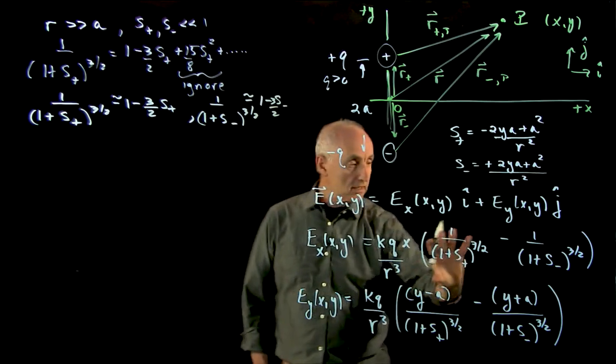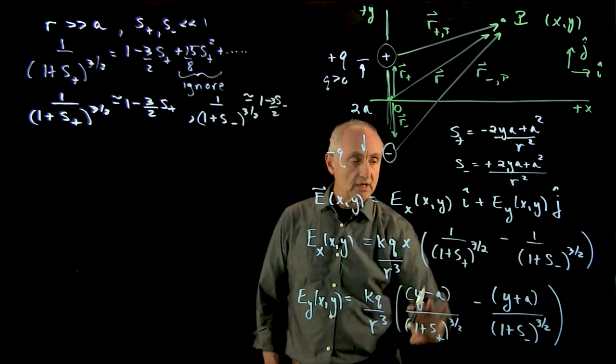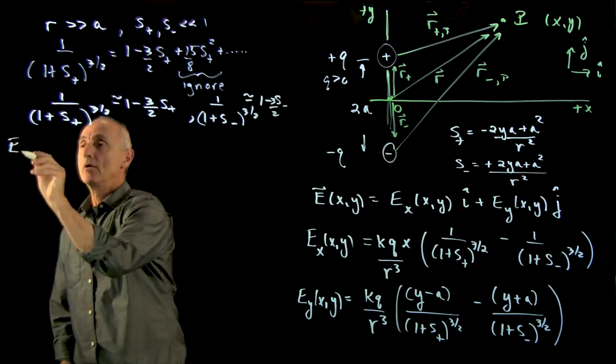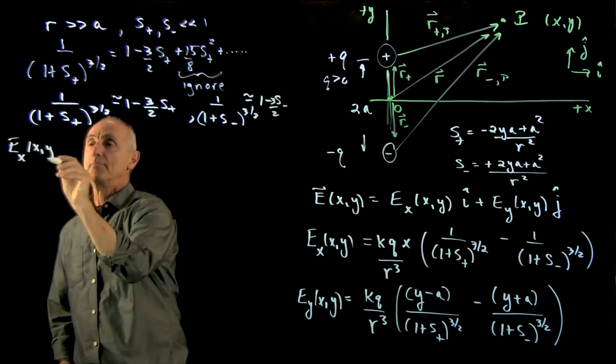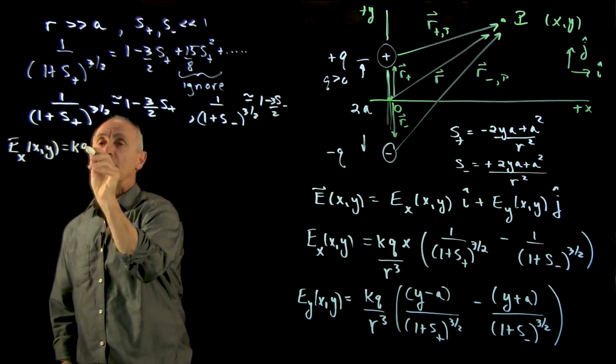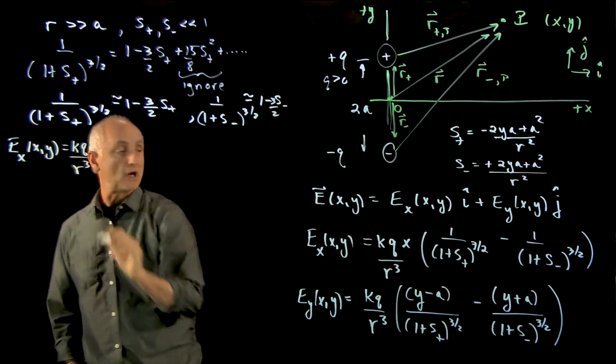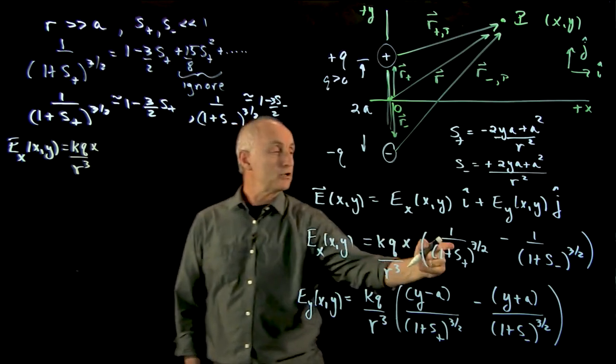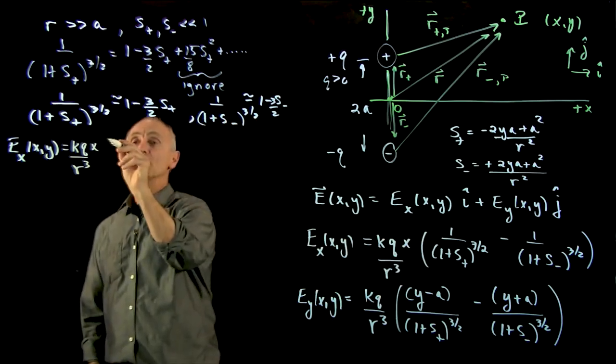And now we can treat each of these terms separately in the expansion. And let's just work first with the x component. We have that factor kq over r cubed on the outside times a factor x. And now we're using both of these expansions.